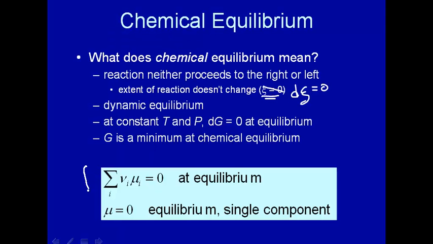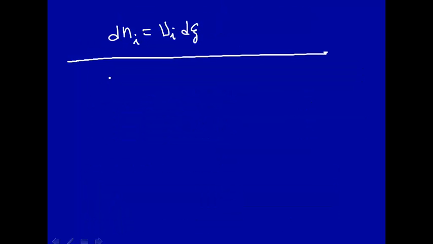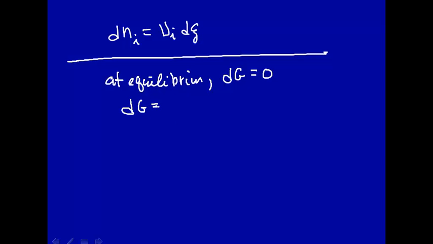Now let's look at these two equations and see what we can glean from them. As we said, at equilibrium, dG is equal to 0. So G is not changing. We also said in the previous lecture that dG, at constant temperature and pressure, will be the sum over all reactants and products of the chemical potential of that particular reactant or product times how the number of moles of that reactant or product changes.